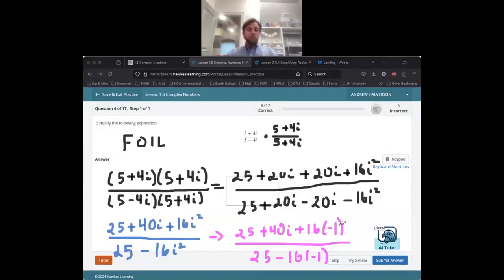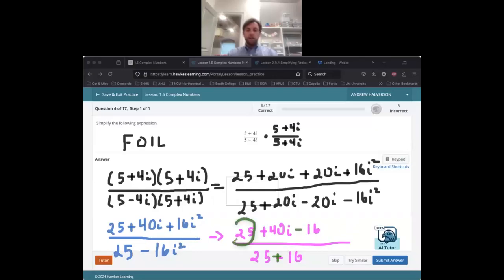Well, I'm going to clean this up a little bit. This 16 times -1 on the top gives me -16. And then this -16 times -1 here gives me +16.